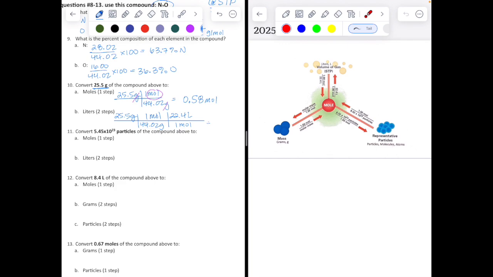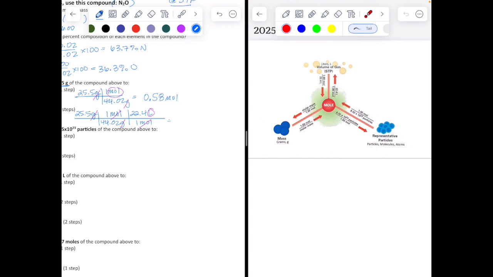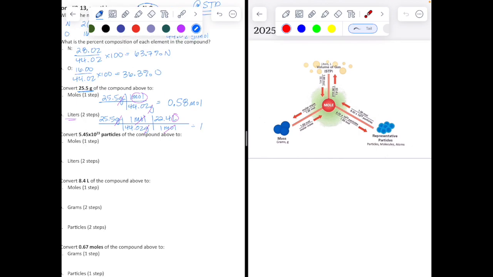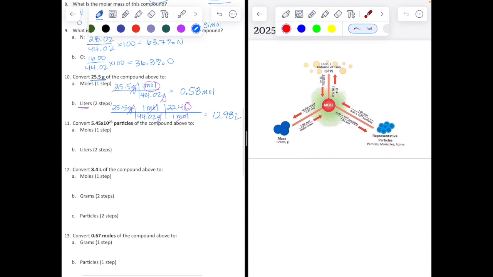Making sure that our units are canceling, grams, grams, moles, moles. Just a reminder again, for a unit to cancel, it needs to be on the top and the bottom. And then liters is what we're ending with, and that's what we want, so that's good. So 12.98 liters. You should always have a unit. We should not have any naked numbers.